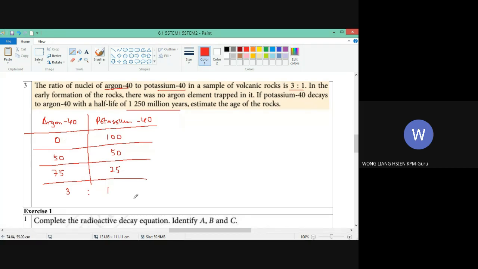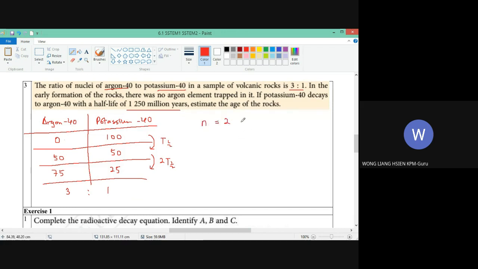Can you see? So how many half-lives have passed for the ratio of argon to potassium to become 3 to 1? 1 half-life, 2 half-lives. After 2 half-lives, the ratio between argon and potassium is 3 to 1. So the number of half-lives is 2.